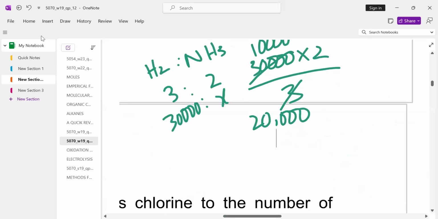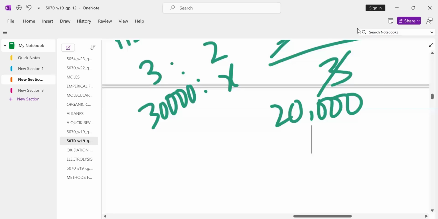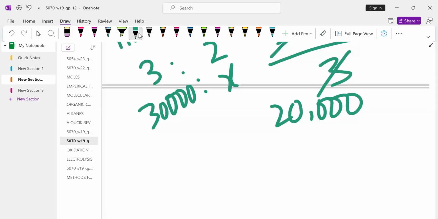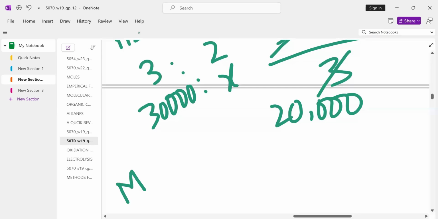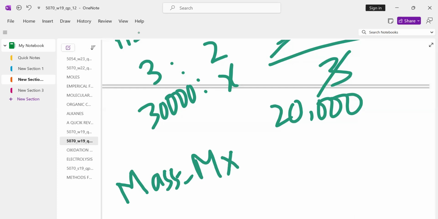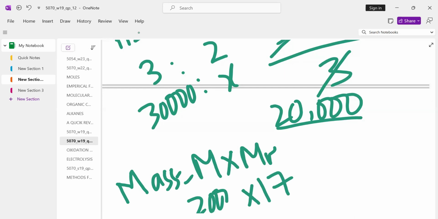Now, once you have calculated the moles, you will use the formula again, and I'm rearranging it: mass equals moles into Mr. The Mr of ammonia is 17, into these 20,000 moles, gives 340,000 grams.